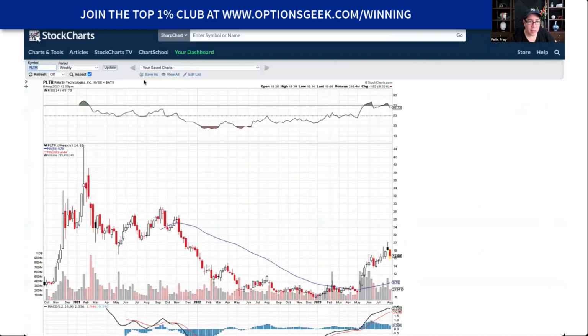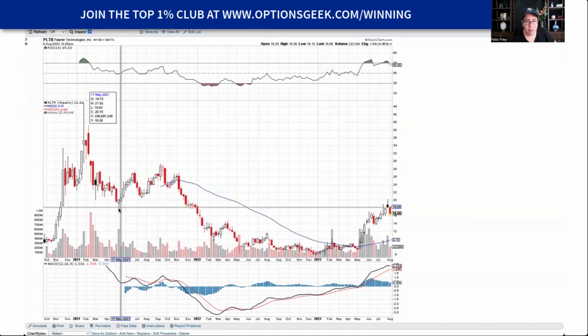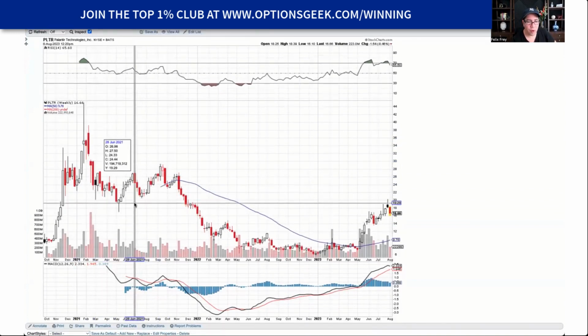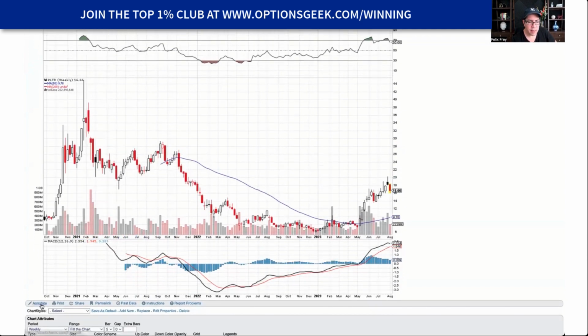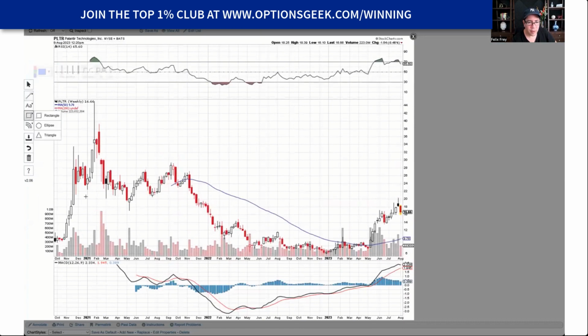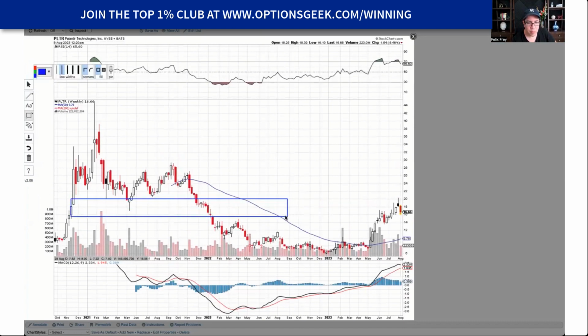So if we go to Palantir, again, I'm always starting with the weeklies, and I have this story developing here. Obviously, there was a big run up before. This area right here, I think you can see it. I'm looking at basically this right here, and then this low right here where there was support.